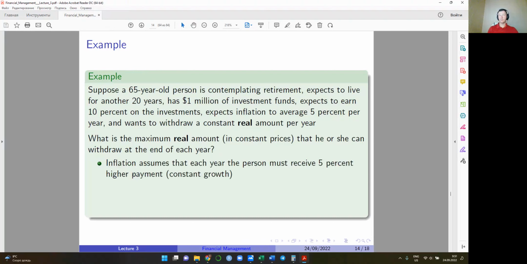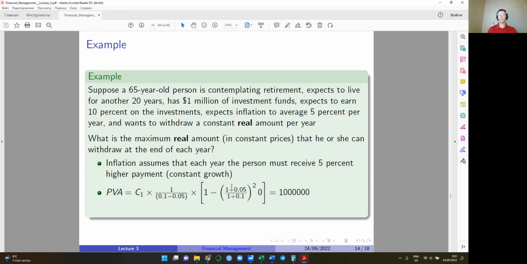So inflation assumes that every year the person must receive a 5% higher payment, constant growth. And we know that if you invest 1 million right now, this is going to be the present value of a growing annuity with 20 years maturity, with a 10% interest rate and a 5% growth rate. So we plug everything into the previous formula. So that must be 20, not like this, the power of 20 here.